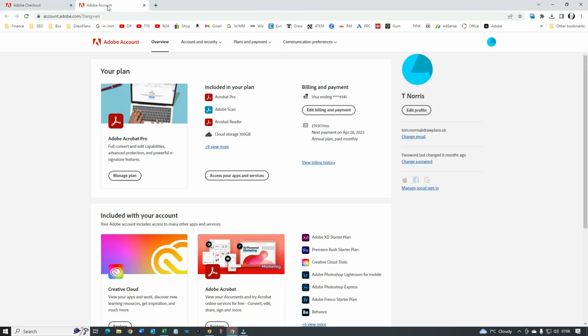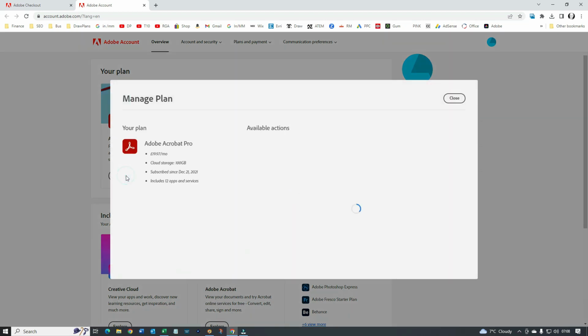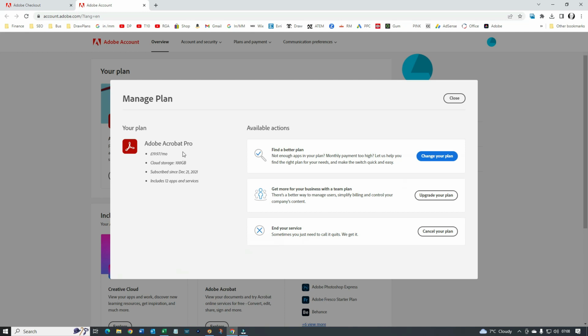So now I'm going to go to my own account. I do have one plan with Adobe, and it's Acrobat Pro. If I go to Manage Plan, I'm paying $19.97 for this. So let's assume it was Photoshop for a minute.